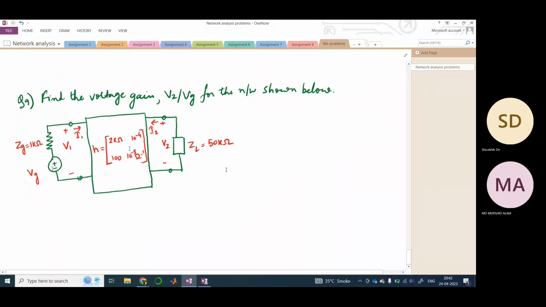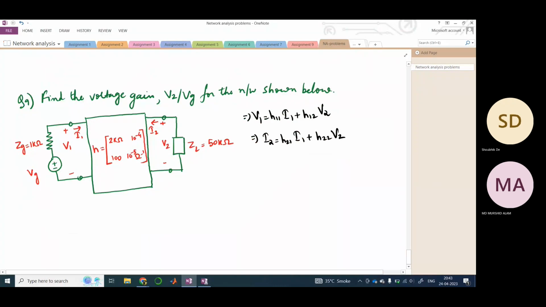So once you are given the H parameter circuit, you need to write the H parameter equation. What is our H parameter? It is nothing but V1 is H11 I1 plus H12 V2. Similarly, I2 is H21 I1 plus H22 V2.